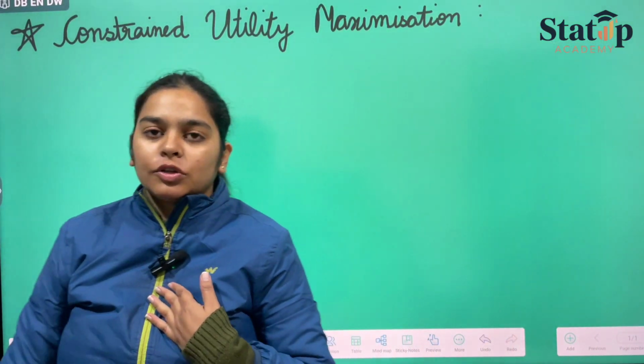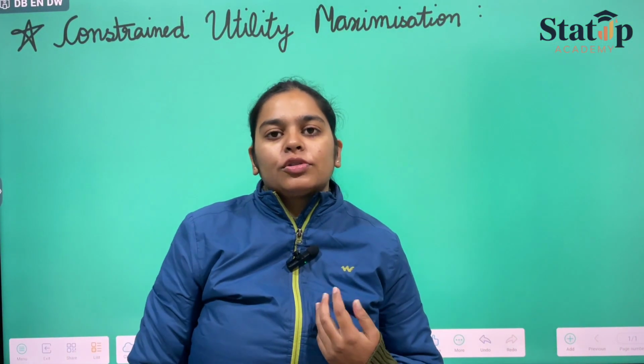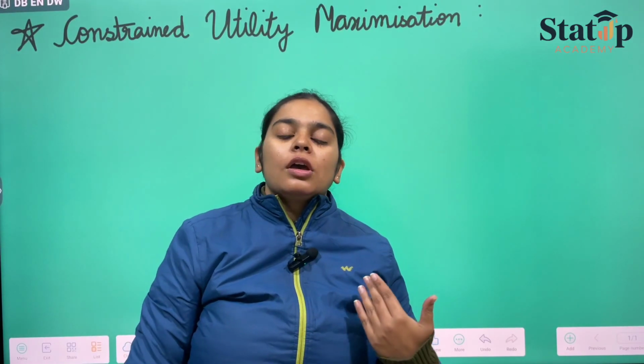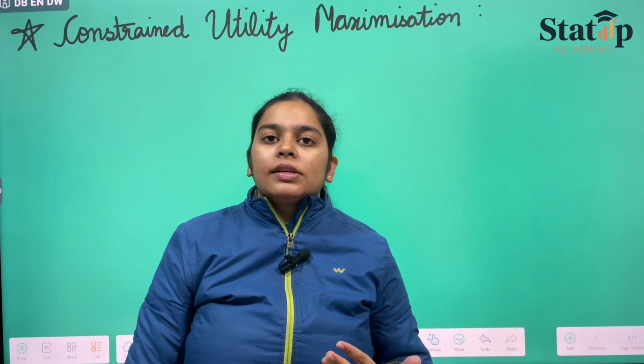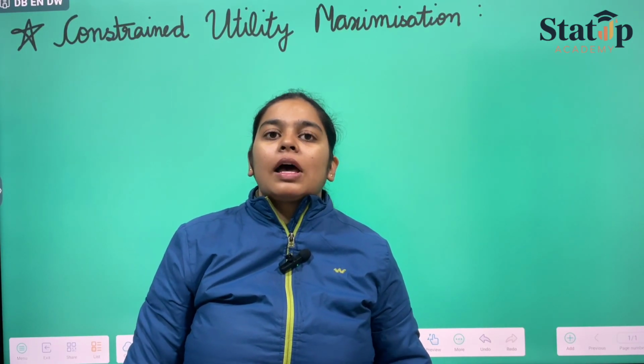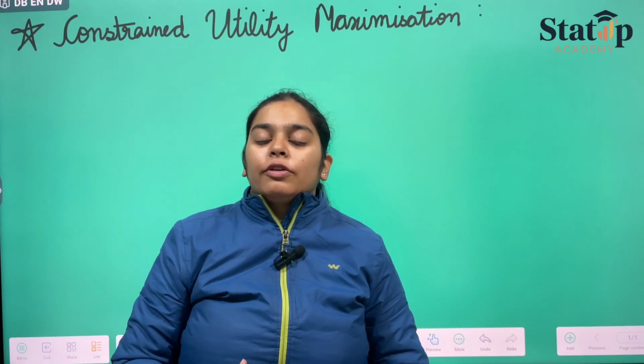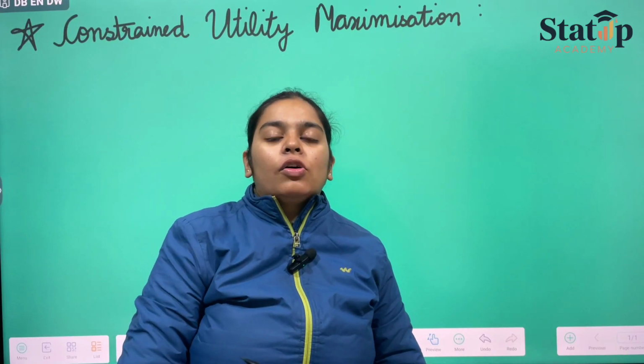Suppose I am using two utilities. Yesterday I was using wheat, today I'm using wheat and rice, two utilities, wheat and rice. And I want to maximize the utility, means I want to maximize my satisfaction level on spending on rice and wheat respectively.